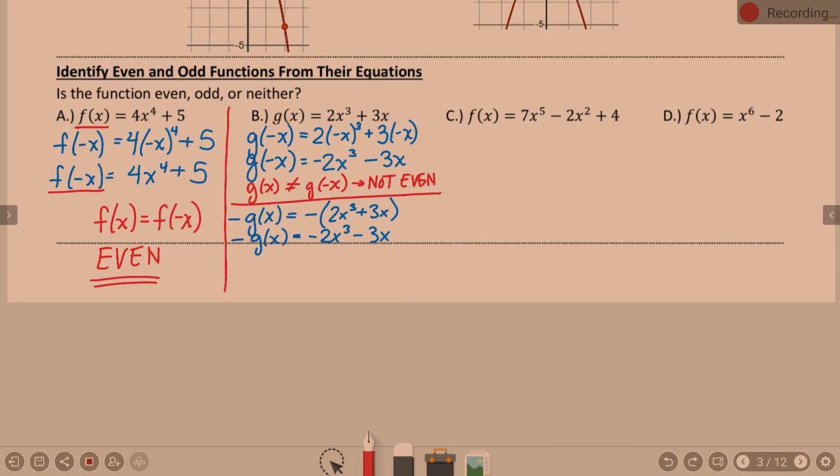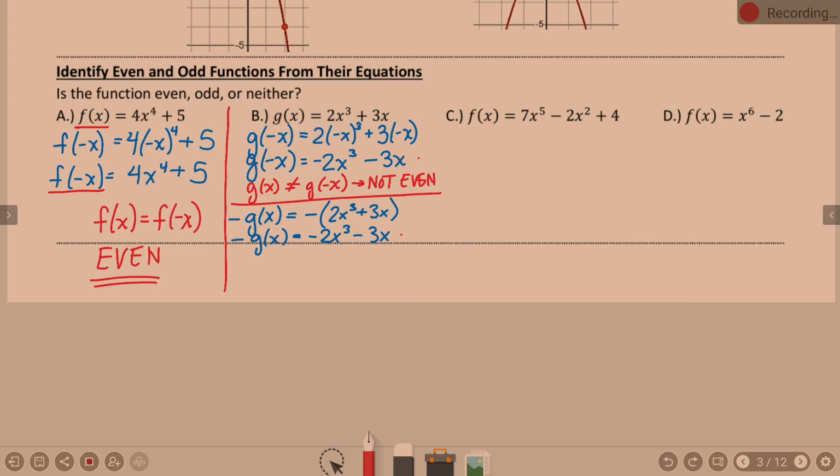Thoughts? What do we see here? Here is negative g of x as negative 2x cubed minus 3x. What are we testing to see if it's the same as? G of negative x. So is g of negative x the same as negative g of x? It is, isn't it?